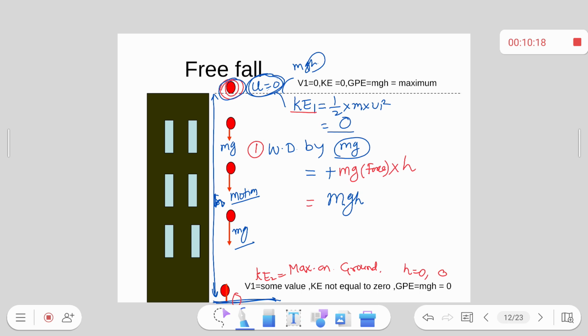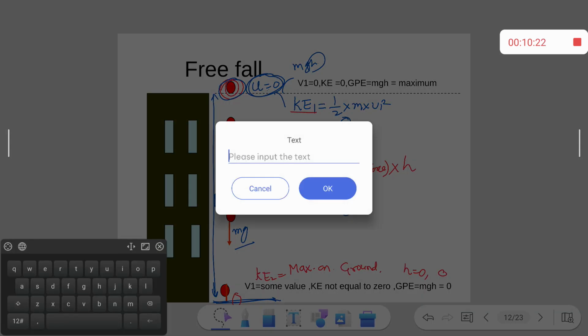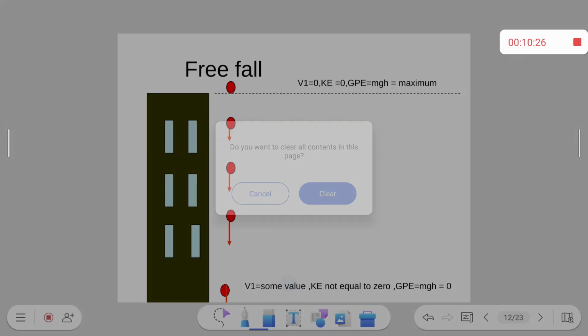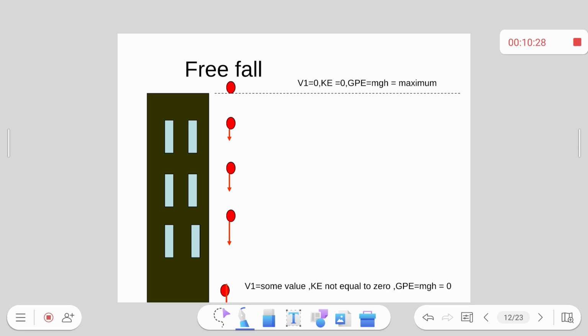But the question is again remaining. I got the work done value by mg as mgh, isn't it? But what is the work energy principle?